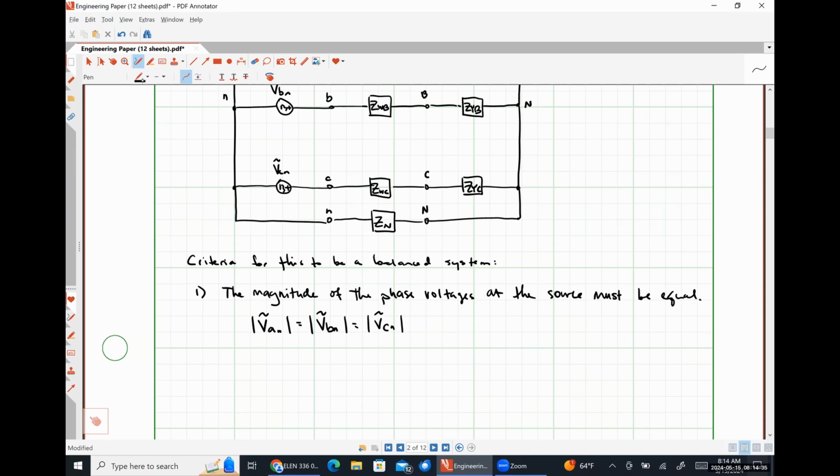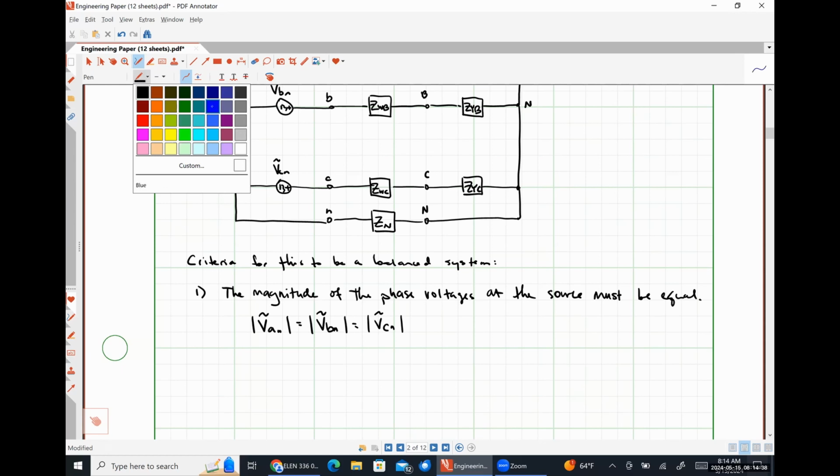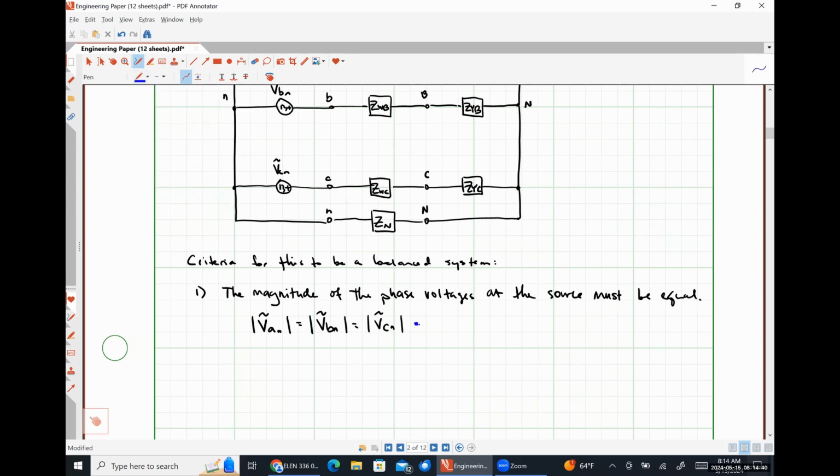We will later on simply refer to this as a phase voltage VP, where it's understood that anytime I use VP, I'm just talking about a magnitude of the voltage. I'm not worried about a phase angle or anything like that. That's why there's no bar over it, there's no tilde over it or anything like that. Okay. So magnitude of our phase voltages must be equal.